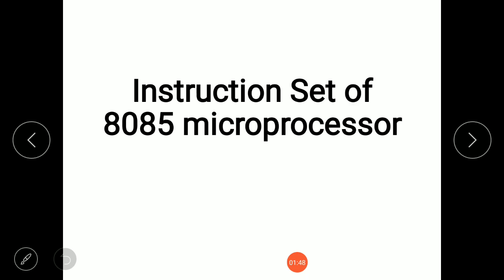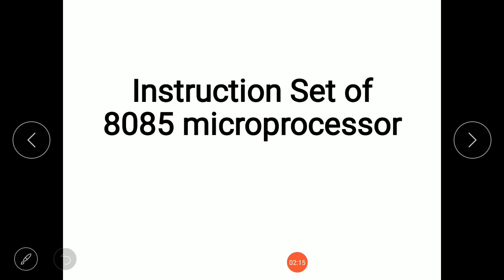As I have told you earlier also, the 8085 instruction set can be classified depending on their operation. They can be classified as data transfer group, arithmetic group, logical group, stack control group, etc. So here I have classified these instructions depending on their operation.